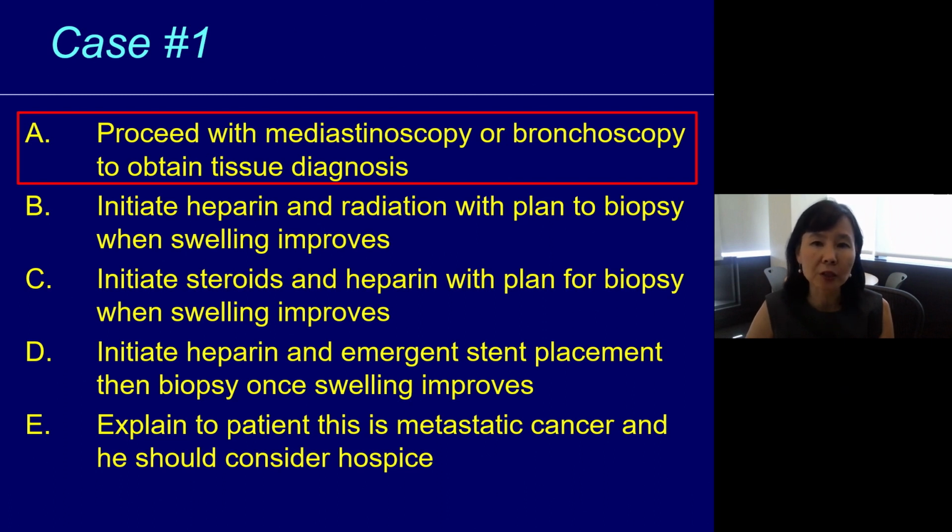And that's because, and I'll discuss this in more detail later on, regarding the second most popular answer about emergent stent placement, he wasn't at the highest level of risk or severity grading, as I'll show in a second. Because he was still at a somewhat lower severity rating, we would actually proceed with mediastinoscopy or bronchoscopy to obtain a tissue diagnosis first.